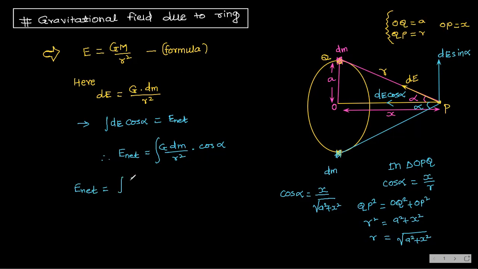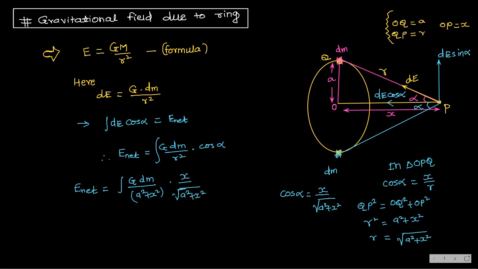So integration G dm divided by r square means this square. So r square means what you will get, a square plus x square. Agree with me? Into cos alpha. Cos alpha is what? X divided by under root of a square plus x square.